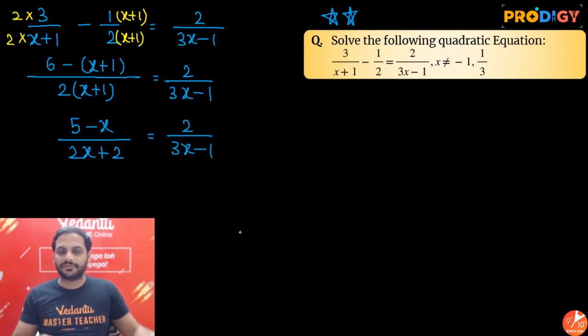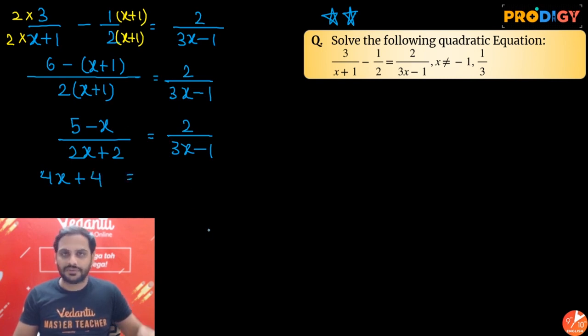Cross multiply guys, cross multiply. So 5 minus x into 3x minus 1, and 2x plus 2 into 2. So we'll get 4x plus 2 into 2 is 4 is equal to 5 minus x into 3x minus 1.